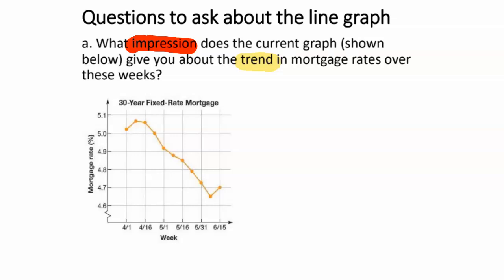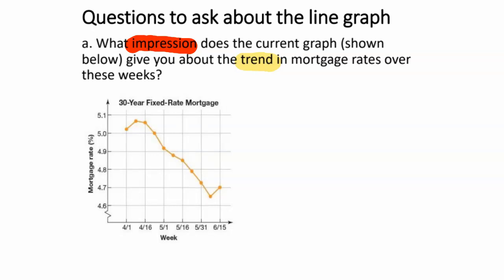Now, I'm going to give you a statement that you are going to be looking at. And these are little details when you're asked to give an impression about the trends.